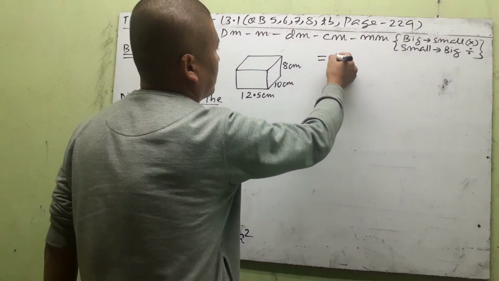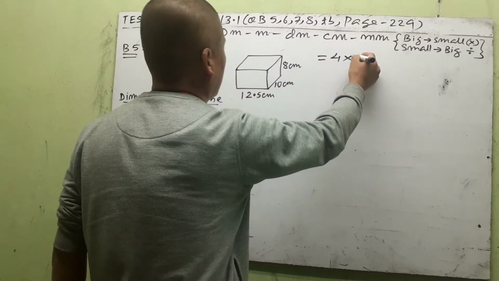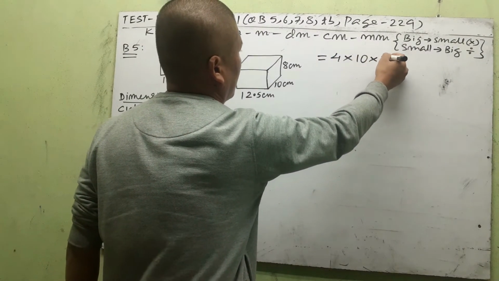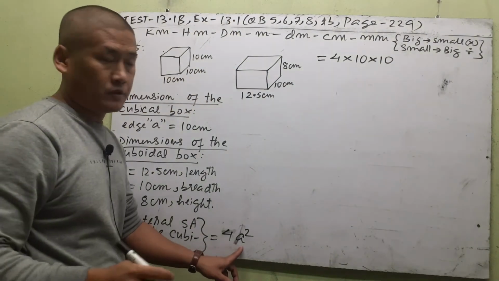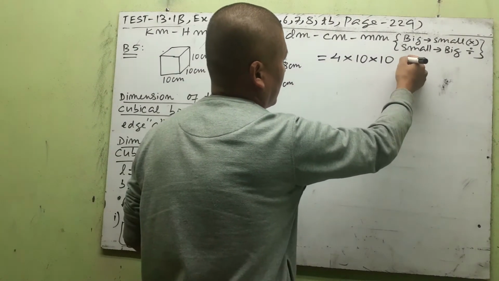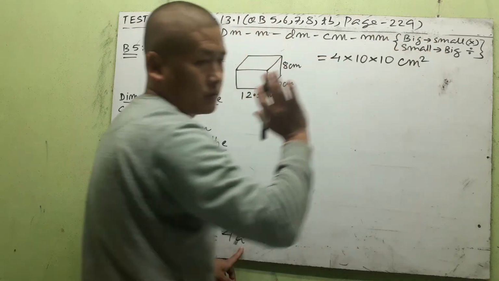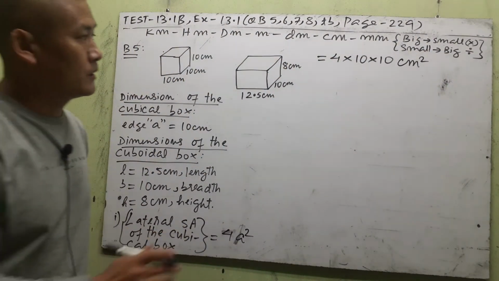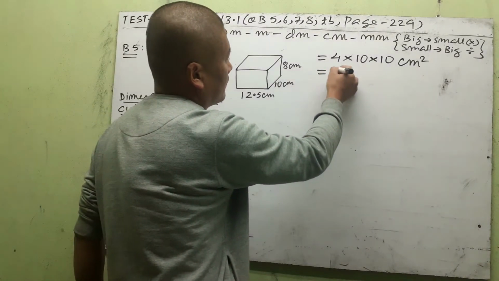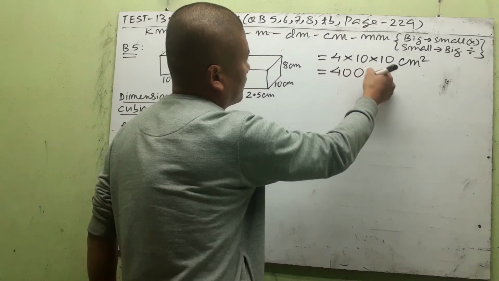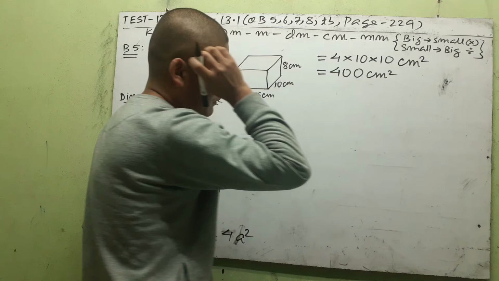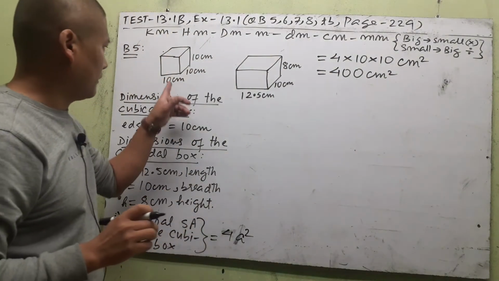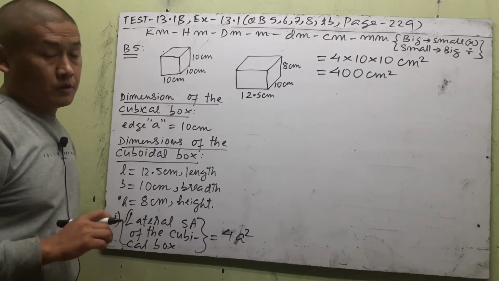So that will be equal to 4 into 10 into 10, because a square means 10 times 10, and area means centimeter square, always two-dimensional. So this will be 400 centimeter square. That is the lateral surface area of the cubical box.